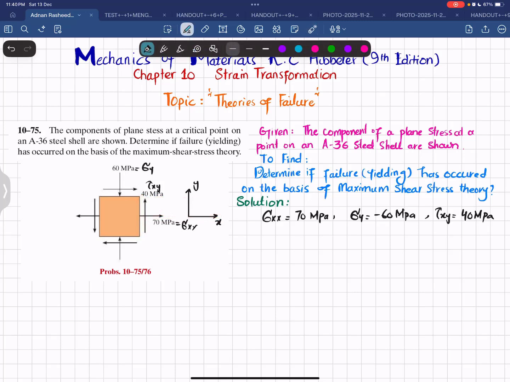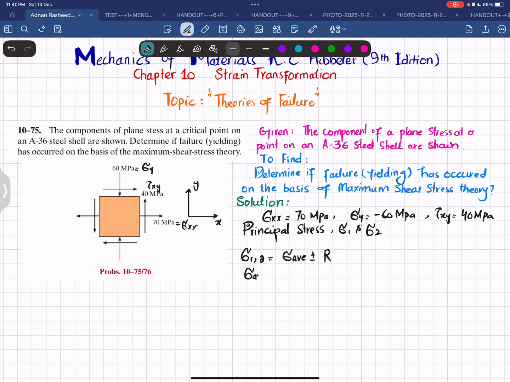Okay, now we have all these values, so we will first find the principal stresses. The principal stresses sigma 1 and sigma 2 can be obtained by using sigma average plus minus R. Now what is sigma average?